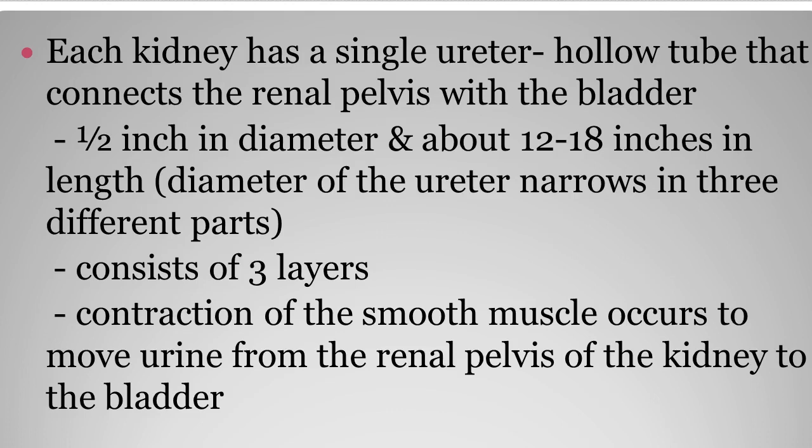This is important to know because think about our patients later on that have kidney stones or renal calculi. Most of the time these will move and be passed through the ureters, but if they're large enough they can cause very serious obstruction and do damage to these layers of the ureter within the renal system. So just wanted to remind you about that.